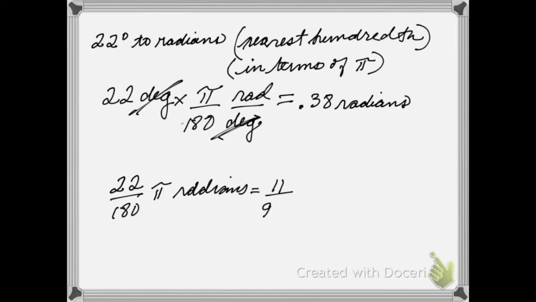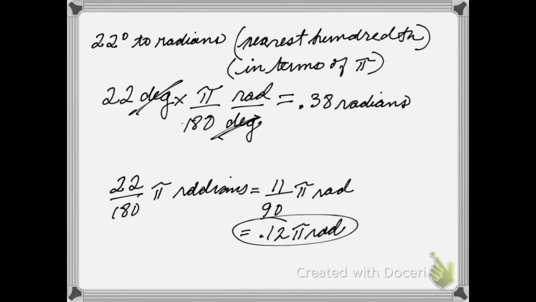What could I go? 11 over 90 pi radians. And maybe I could do it as a decimal, 11 divided by 90, and get the decimal approximation for that. So I could say 0.12 pi radians. That doesn't really look like a familiar way that I would ever represent this. So, but yeah, for our purposes, nearest hundredth, and it's all a calculator key in, and this is our answer.